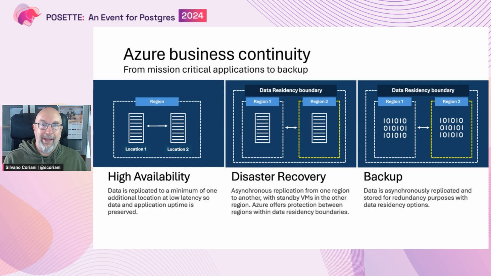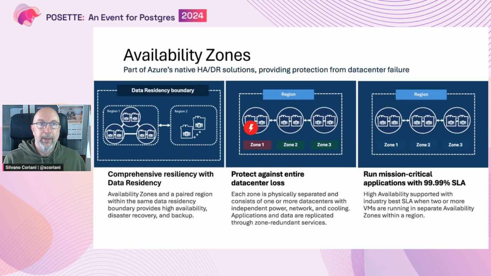We can have paired regions where data can be replicated asynchronously between regions while still maintaining data residency requirements, like for example within the EU or within the US and such. And we can ship backups between paired regions in an asynchronous manner. And in most cases, this actually is pretty automatic based on Azure storage.